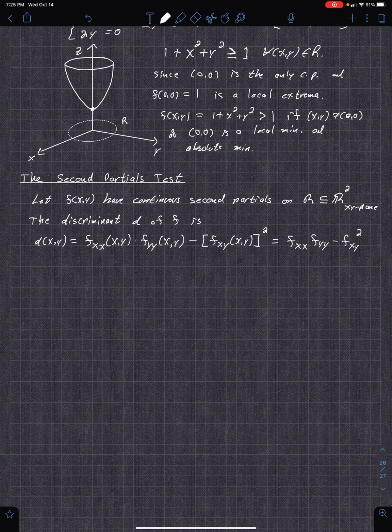The other way to remember this one is D equal to the determinant of, here's the determinant again, fxx, fxy. So you just do x then x, x then y. Then you do f y then x, and then f y then y.